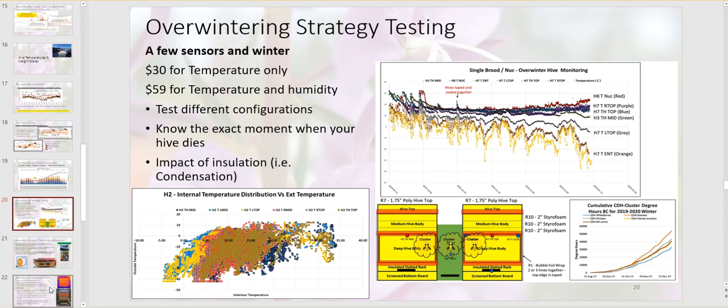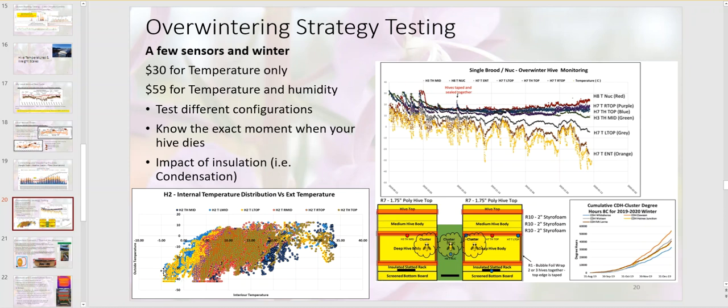And I did something similar in a double hive, a double brood chamber hive. And it was to help me understand the impact of insulation, condensation points, so dew points inside the hive, and also cluster location.